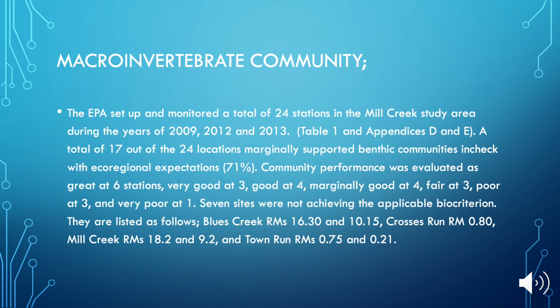As you can see, there were 3 sites in one area that were poor, and poor at another site. So a total of 7 sites were not achieving the applicable biocriteria. The 7 sites that failed were the Blues Creek, Crosses Run, Mill Creek, and Town Run areas and studies.